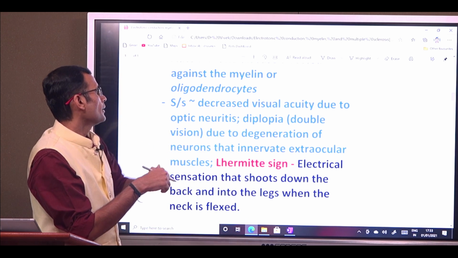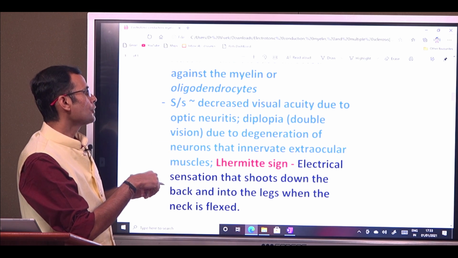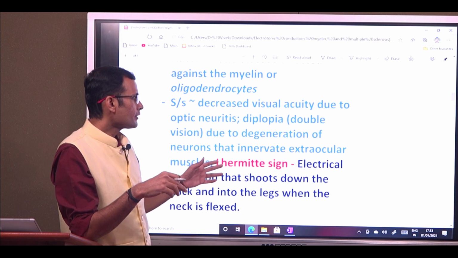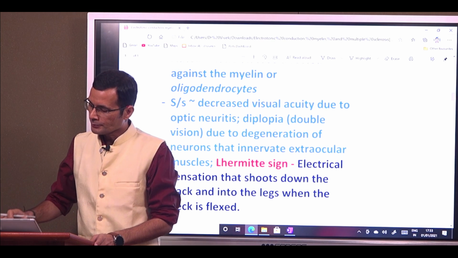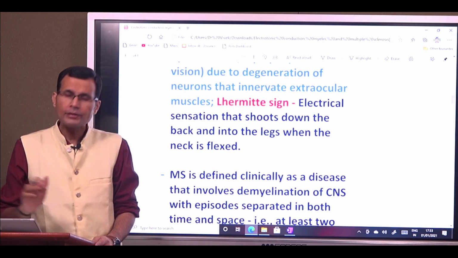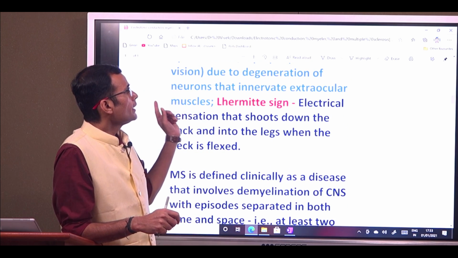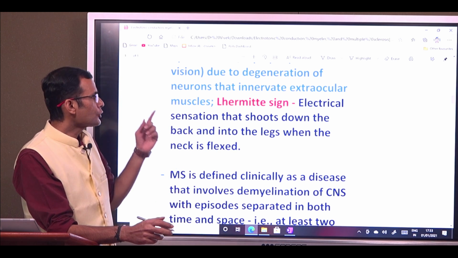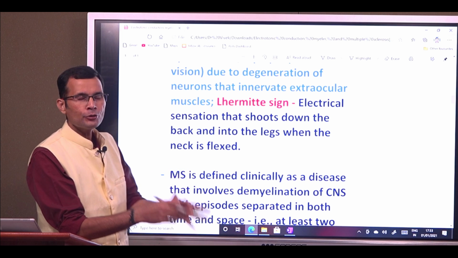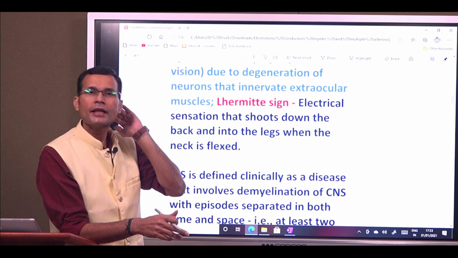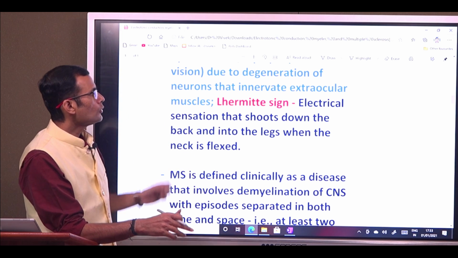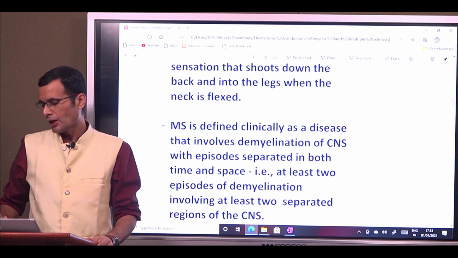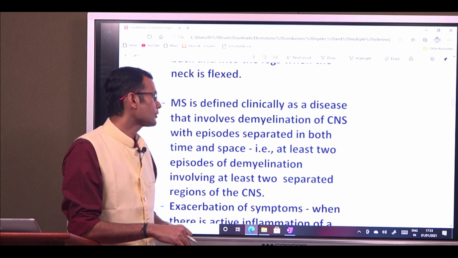Diplopia, double vision, due to degeneration of neurons that innervate the extraocular muscles. And there is a sign, the Hermitte sign, an electrical sensation that shoots down the back and into the legs when the neck is flexed. This is a sign which is seen in multiple sclerosis.